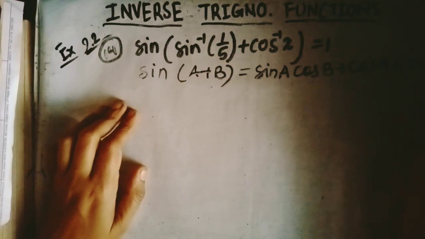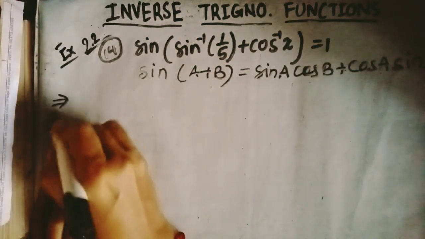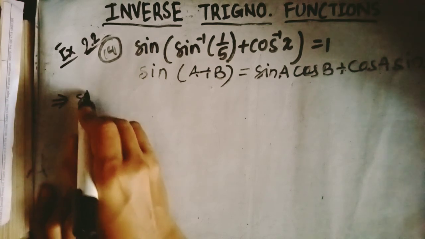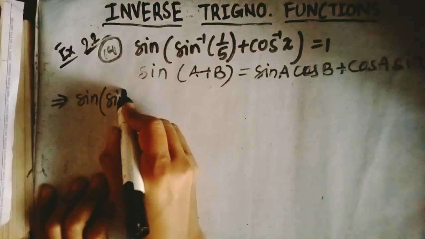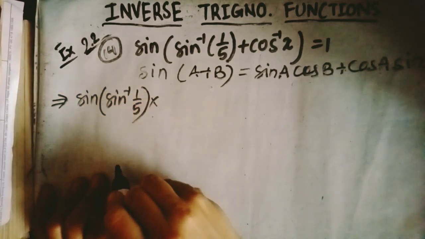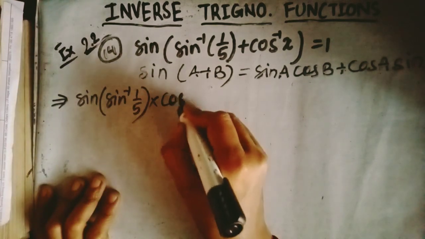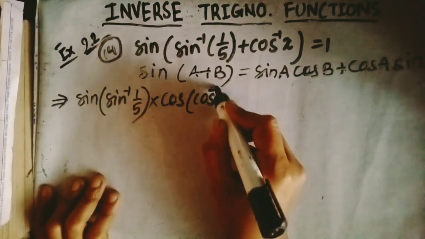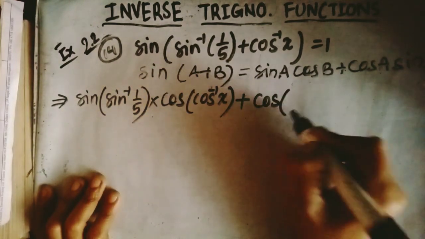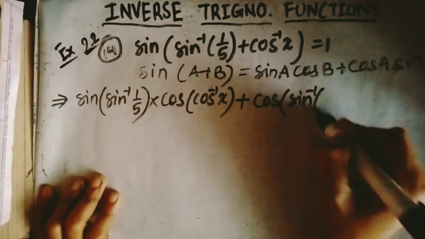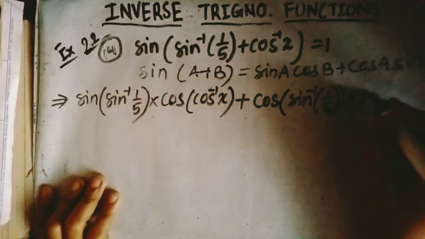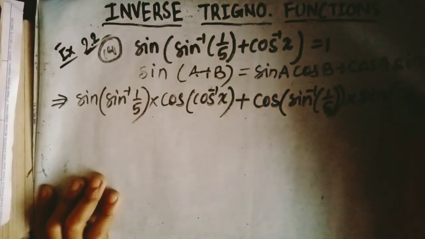So writing it in this form, you will get sine of sine inverse of 1 by 5 into cos of cos inverse of x plus cos of sine inverse of 1 by 5 into sine of cos inverse of x.